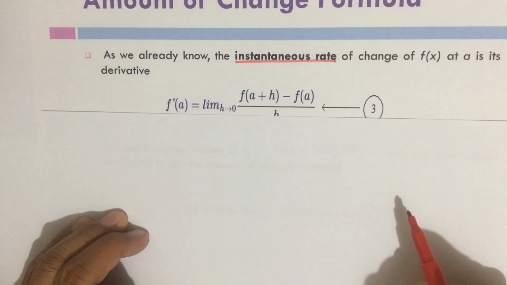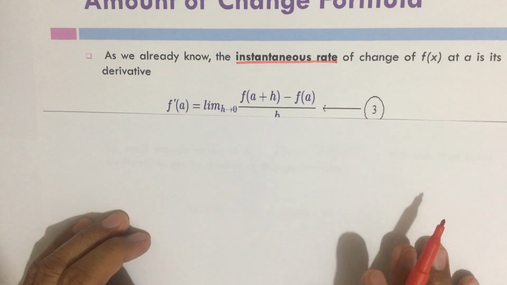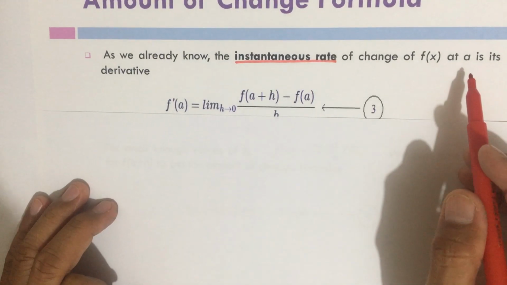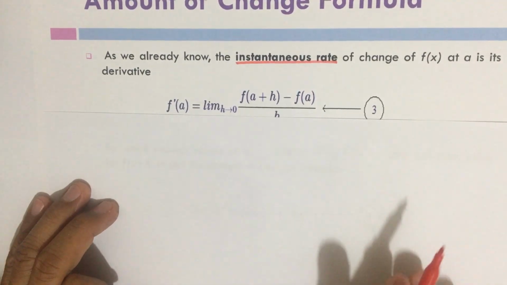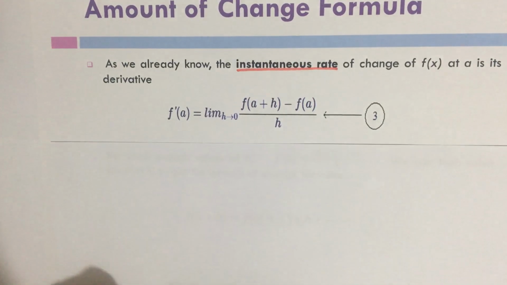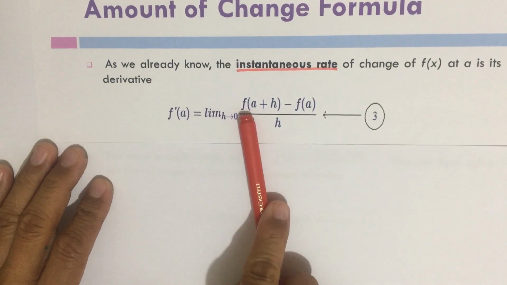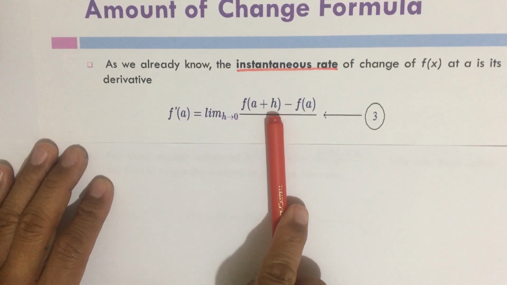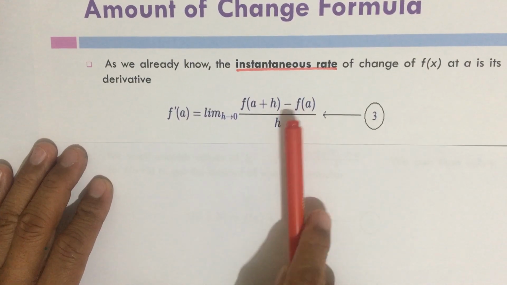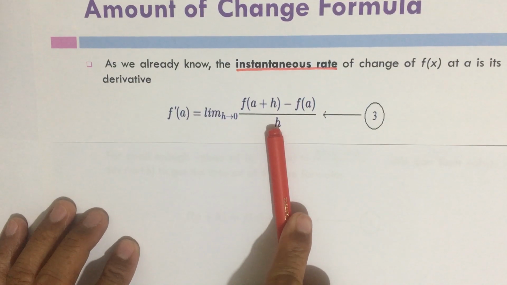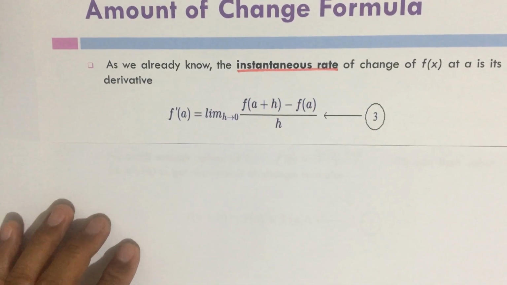F prime of a is equal to the limit of f of a plus h minus f of a, divided by h, as h approaches 0.